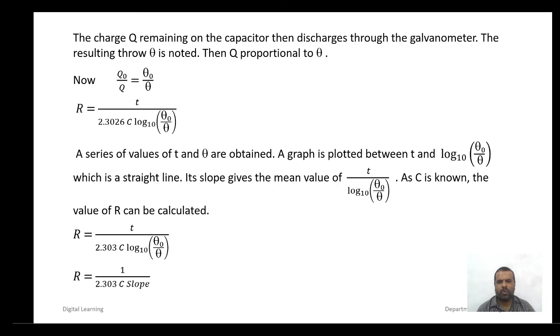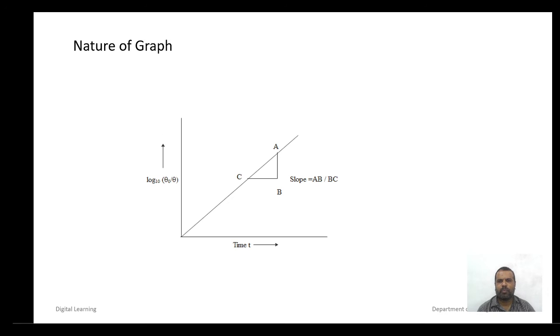R is equal to t divided by 2.303 into C log of theta naught divided by theta to the base 10, or R is equal to 1 divided by 2.303 into C into slope.